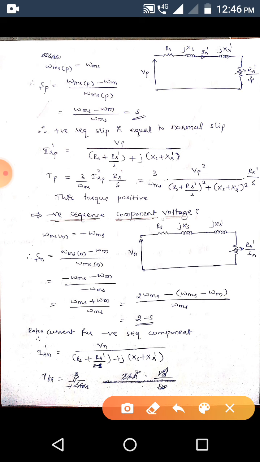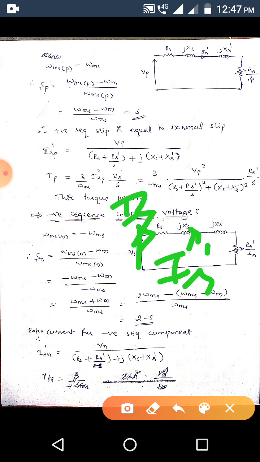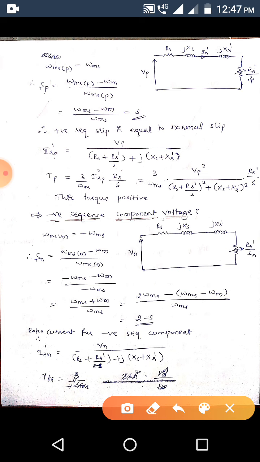Let us draw the equivalent circuit diagram. Rs, jXs, jXr prime, R prime divided by the negative sequence slip. So we have the current here, that is Ir prime, then the stator current supplying to Rs here, then we are going to give the supply voltage Vn, negative supply.